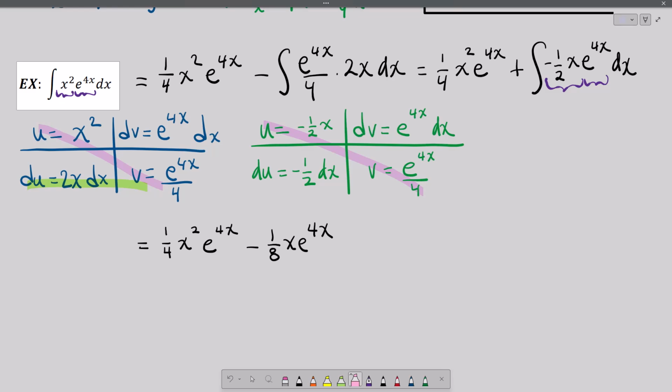uv minus the integral of v to u. So minus the integral of v to u. There's v times du. As you do more and more of these, you see, oh, it's negative. You can just pop it out in front and change that sign.